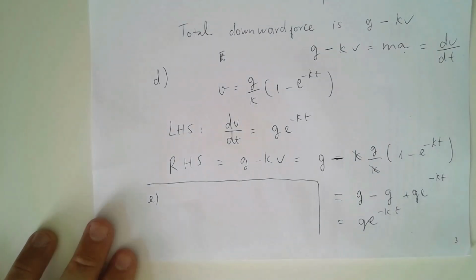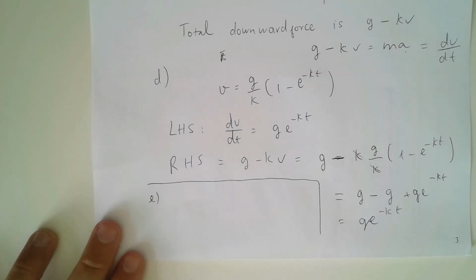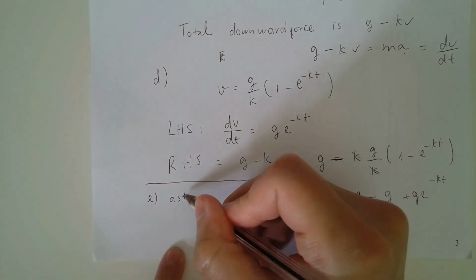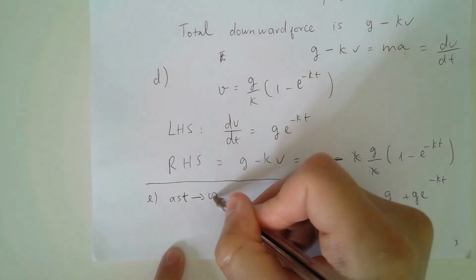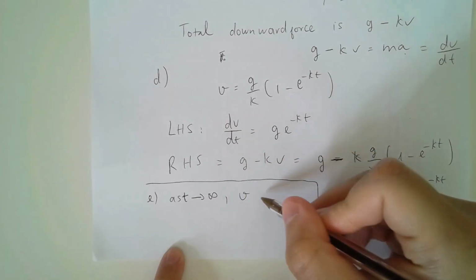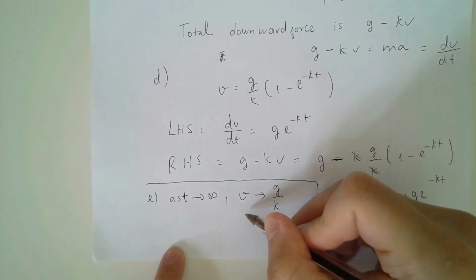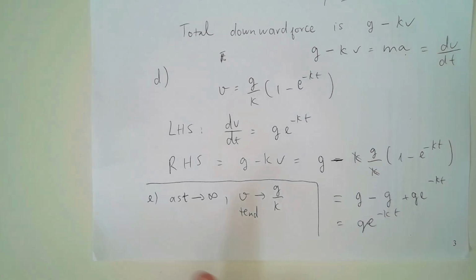Okay, part E, what does it say here? Explain why this solution agrees with the answer in part B. Now, as t goes to infinity, you see that V will tend to g over k, like a terminal velocity.